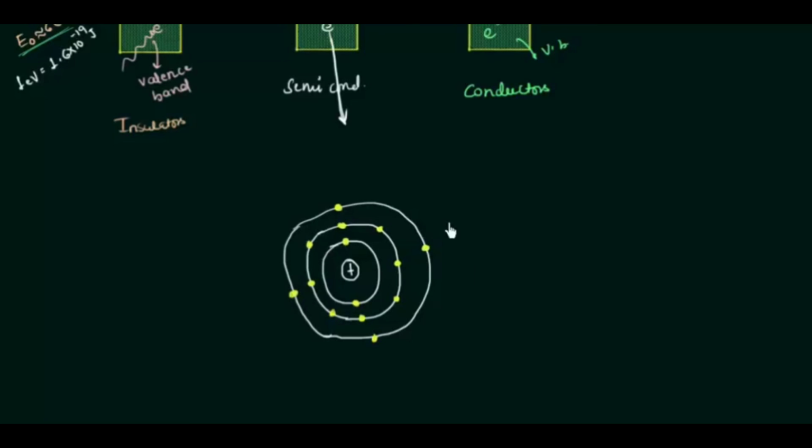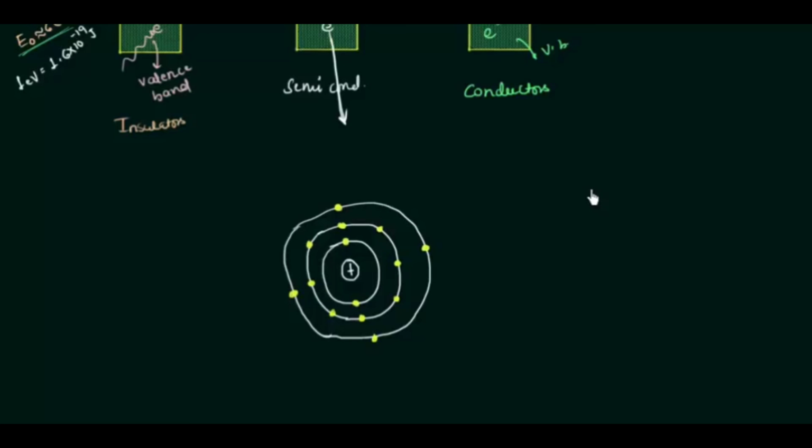Okay, so this is the atomic structure for silicon, and we want to have 4 more electrons in this silicon so that it attains the noble gas configuration. To do that, we will make a covalent bond. We have 3 types of bonds. The first one is the ionic bond or electrovalent bond, in which the donation of the electron is done.